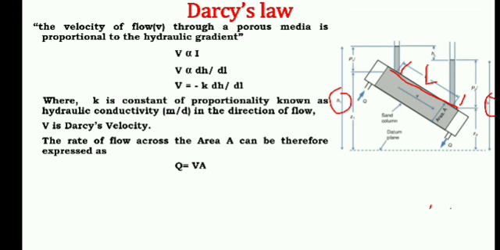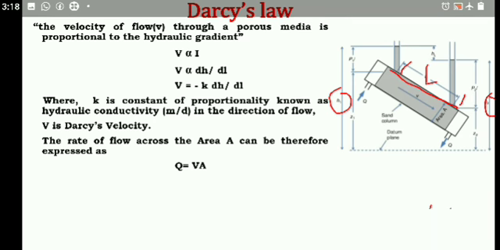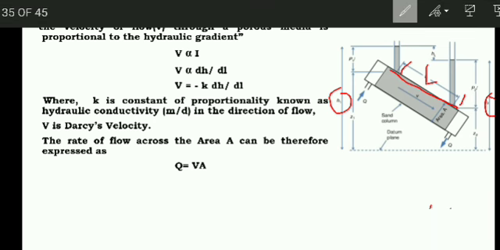The rate of flow across the cross sectional area, where A is the cross sectional area of this pipe, shown in the figure as A. We can rewrite this expression as Q is equal to VA.